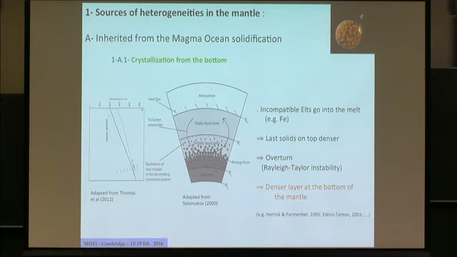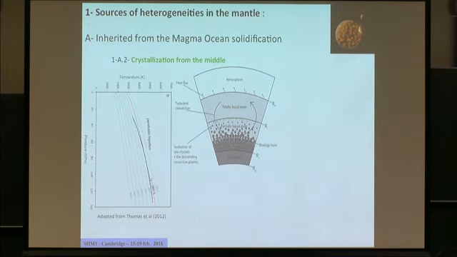So this has been proposed by a number of authors. Now if you have a liquidus curve like the one here, so that it crosses the adiabat somewhere in the mid-mantle, this time you're going to begin your solidification somewhere in the middle of the mantle, and so the top of the layer is going to crystallize from the top up.